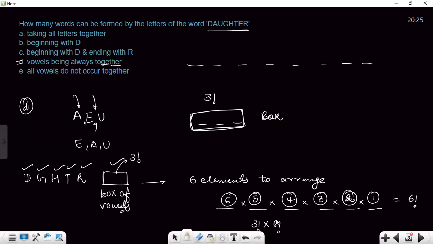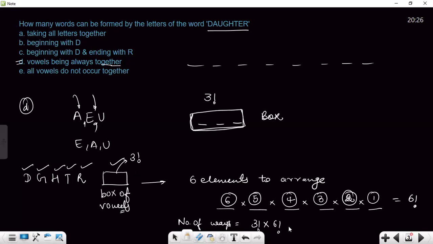The event of arranging 3 elements inside the box and arranging 5 consonants and a box, basically 6 elements on 6 places, are both dependent events. So the total number of ways in which a word can be formed using the letters of the word daughter, where all the vowels always remain together, is this.